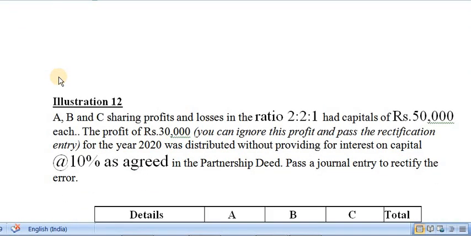A, B and C sharing profits and losses in the ratio and had capitals of 50,000 each. The profit of rupees 30,000. You can ignore this profit and pass the rectification entry.